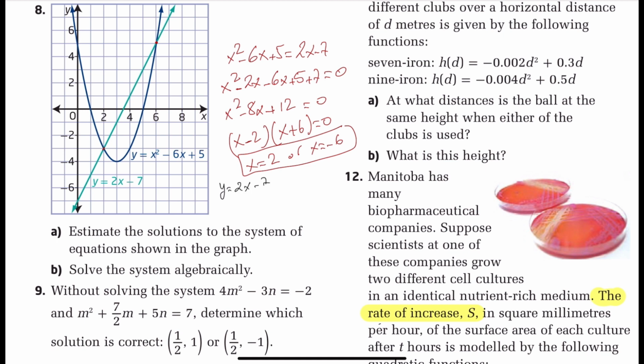I know my x is 2, so that is 2 times 2 minus 7, which is 4 minus 7, which is -3. Perfect. So in this case, when x is equal to 2, y is equal to -3.